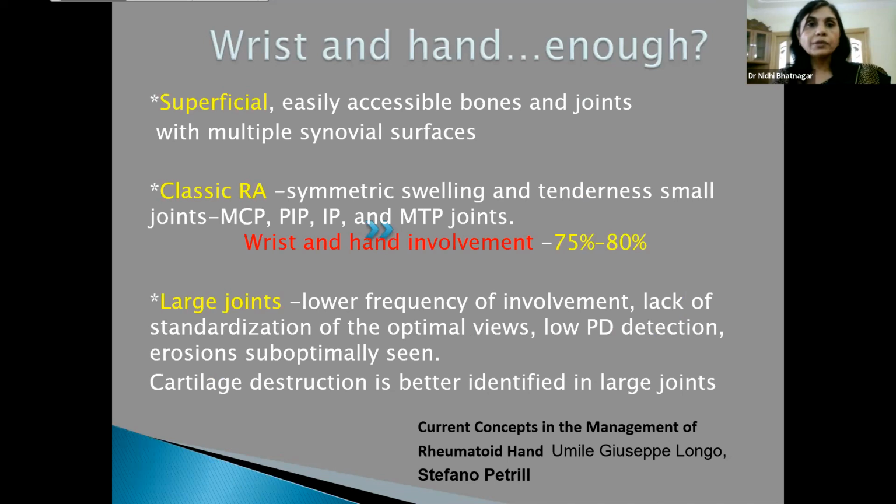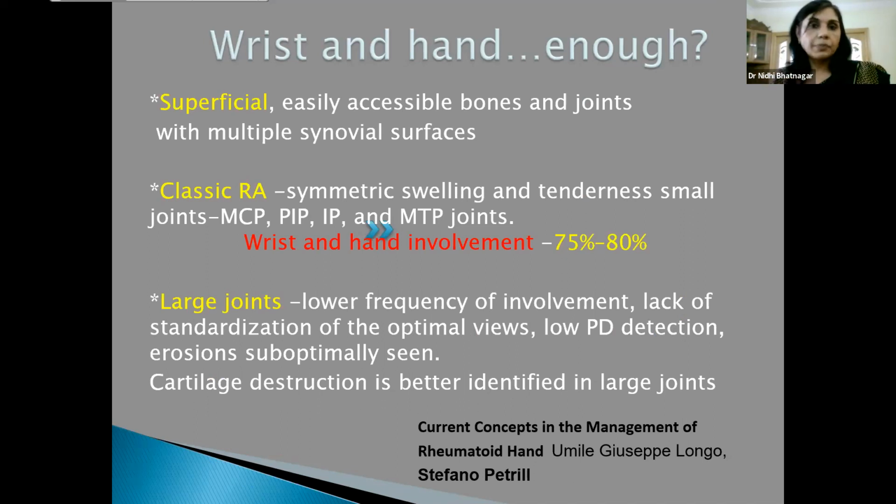Specific small joints such as metacarpophalangeal joints, proximal interphalangeal joints, radiocarpophalangeal joints, and also metatarsophalangeal joints, are superficial. So they allow access to the synovial surfaces, which are very superficial and all around.